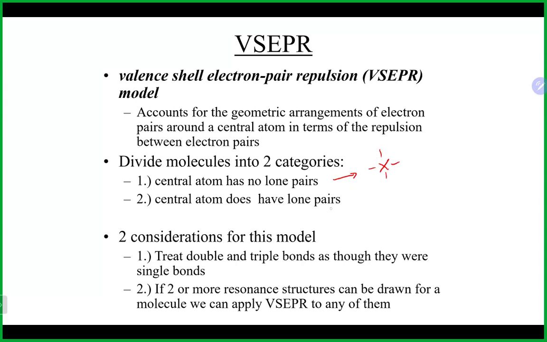And then we have one where we do have lone pair or non-bonding electrons on the central atom. So you'll at least have one lone pair or maybe two or so, but we do have dots. So to simplify, you can think of it as like no dots or dots on the central atom. And depending on whether or not there are non-bonding electrons involved, we may get some different geometries that occur.